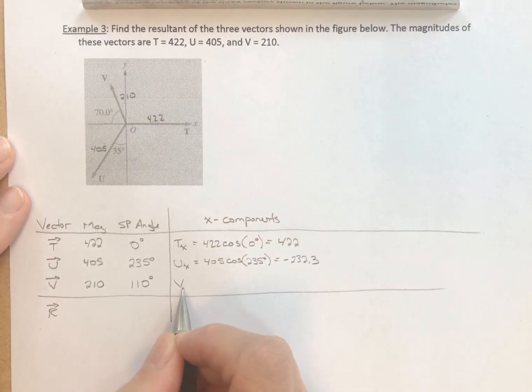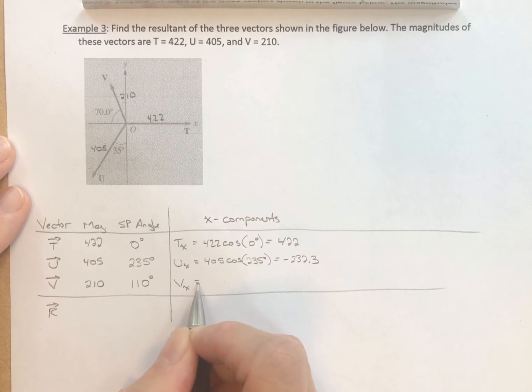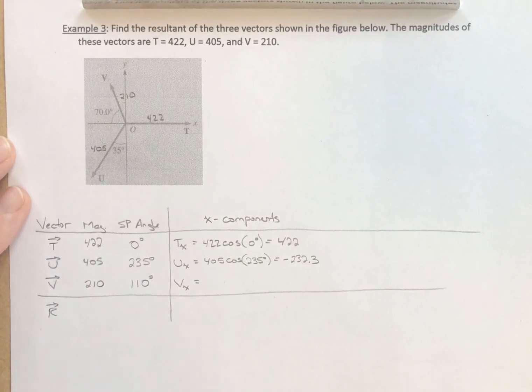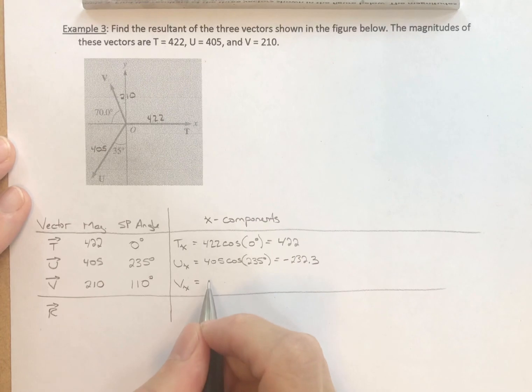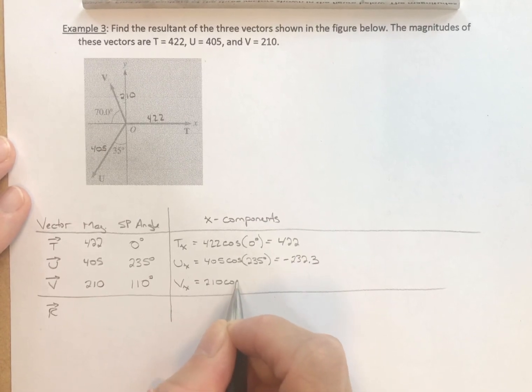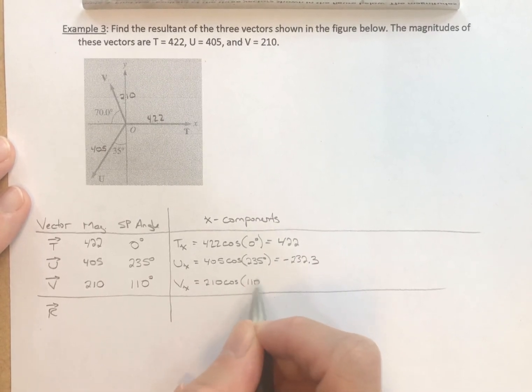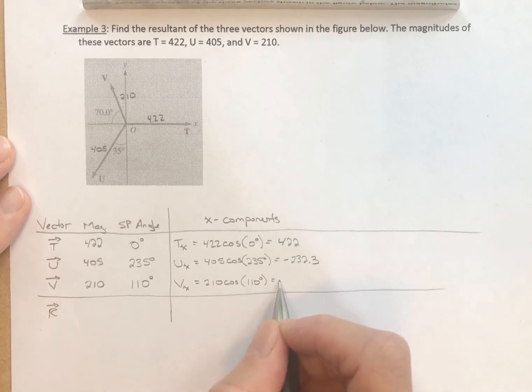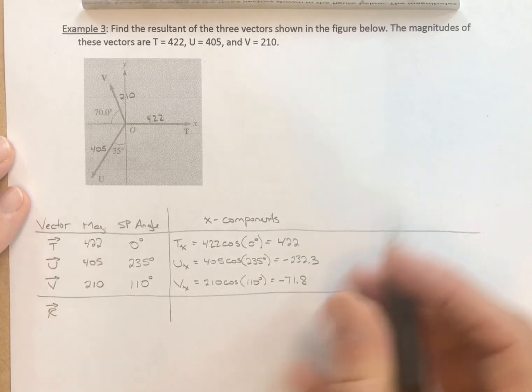And the x component of the v vector is found with its magnitude times the cosine of its standard position angle, and with a calculator, negative 71.8.